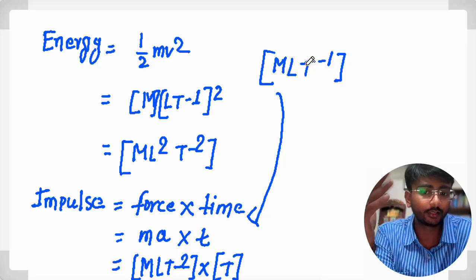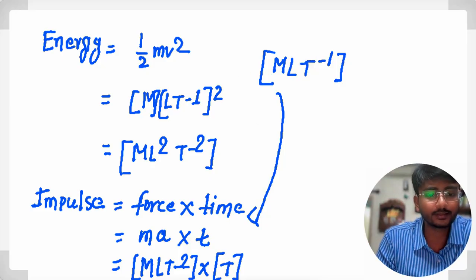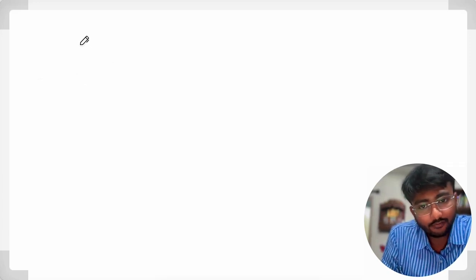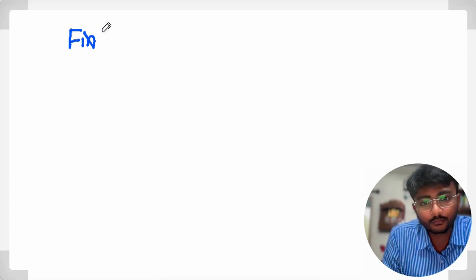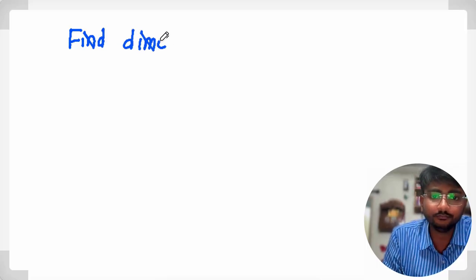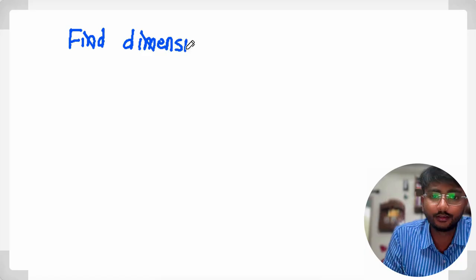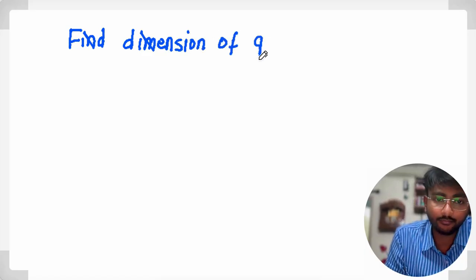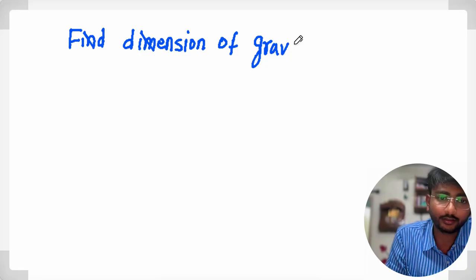Okay, so now let's consider some other examples. If we have to calculate the dimension of the gravitational constant, find the dimension of the gravitational constant.